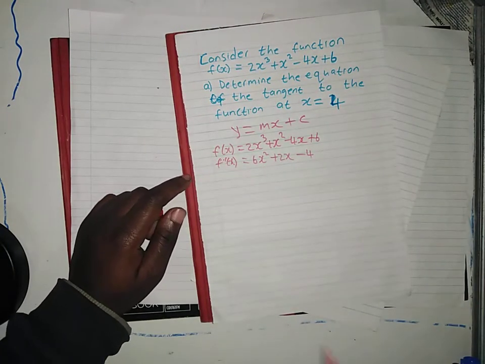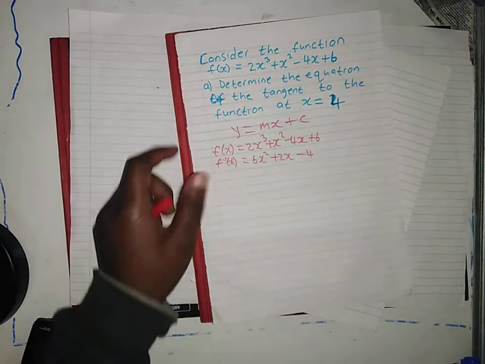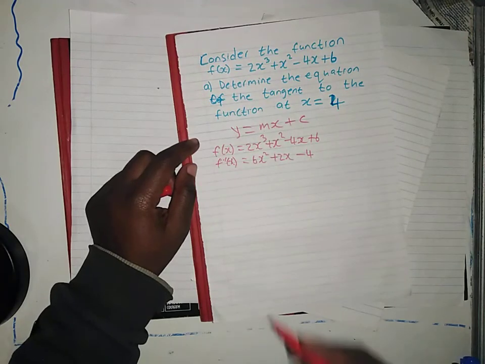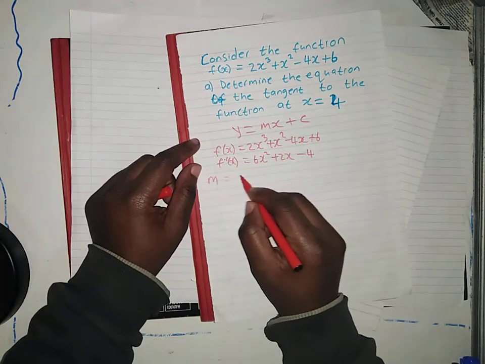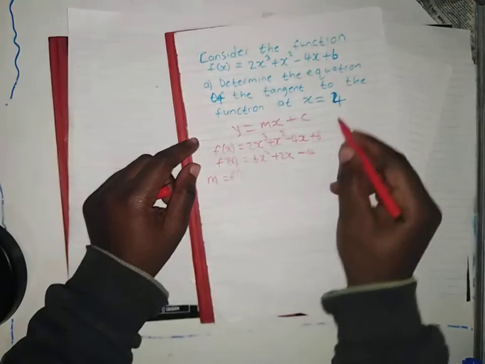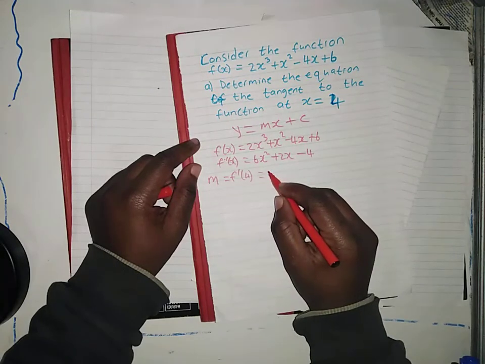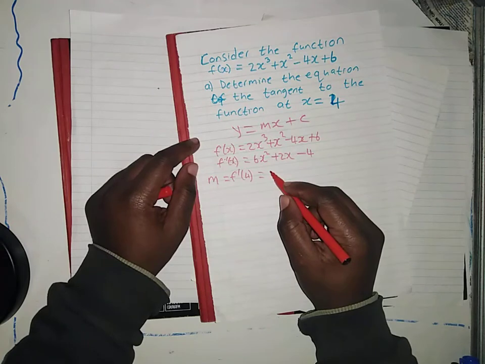We discussed that. If you do not know, go back to the other video on this channel that speaks about how to find the derivative. You will see how to find it. Okay, and then we know that m is nothing other than f prime at 4. And why is that? Because the tangent and the graph at the point of contact share the gradient.